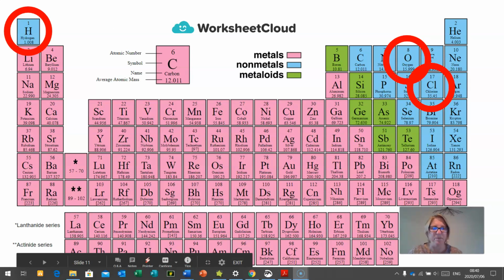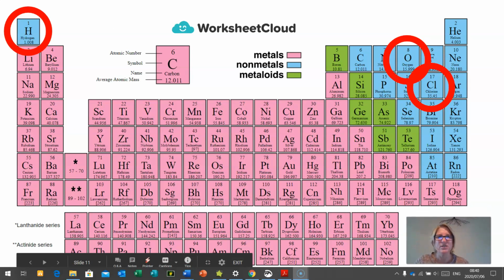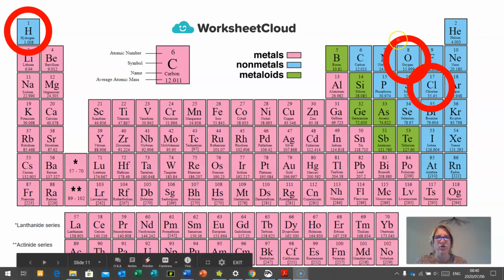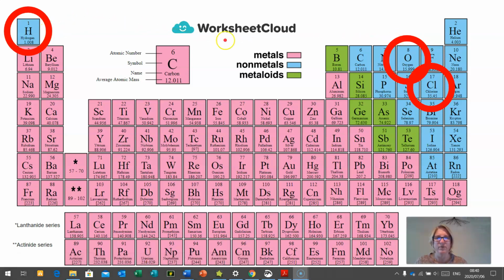If we have a look at the periodic table, these are the elements that we are going to have a look at in today's lesson. We're going to have a look at oxygen, hydrogen, and chlorine, and these are all non-metals.